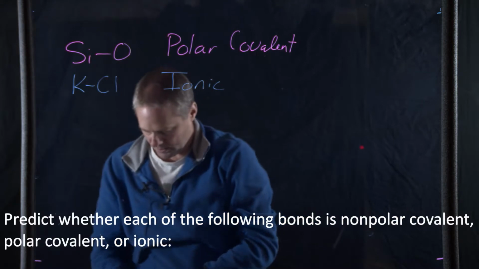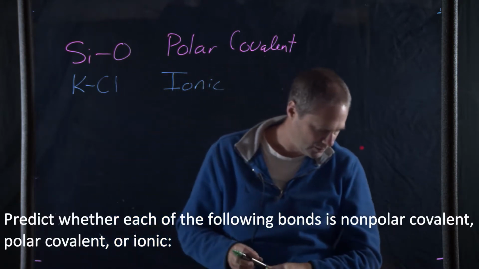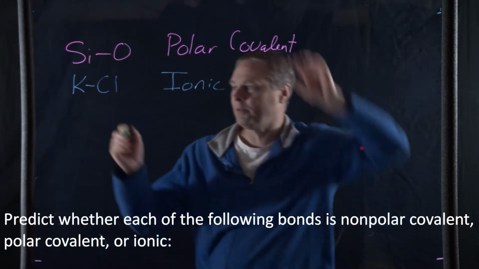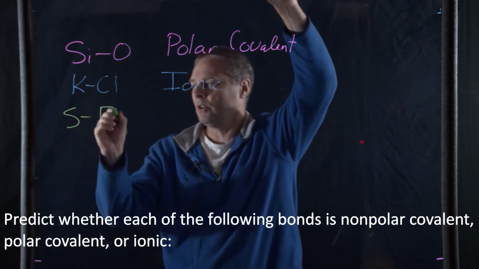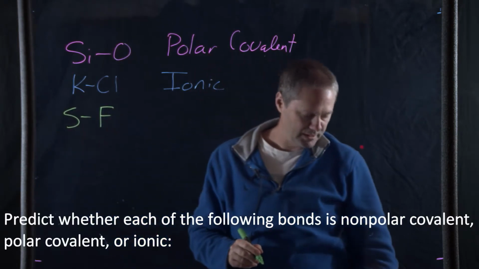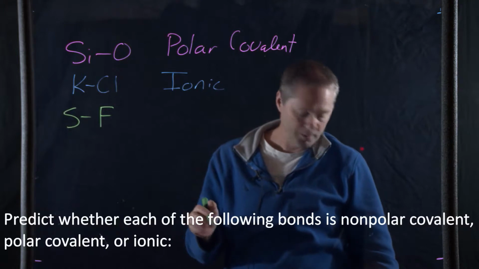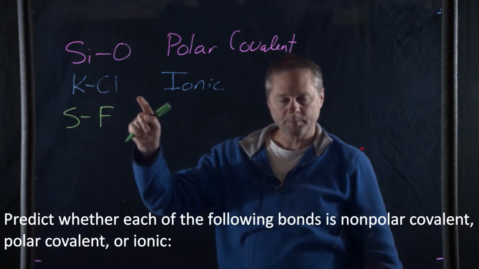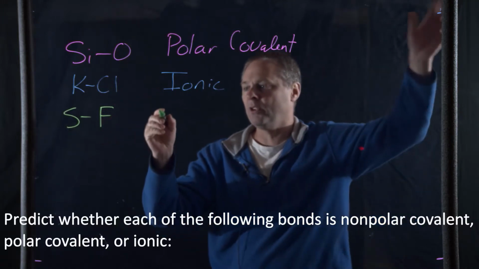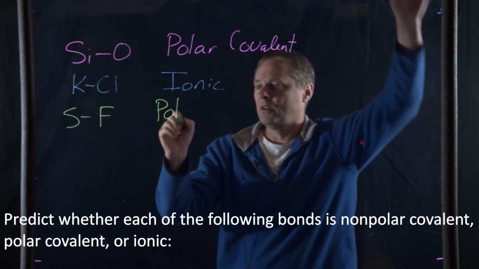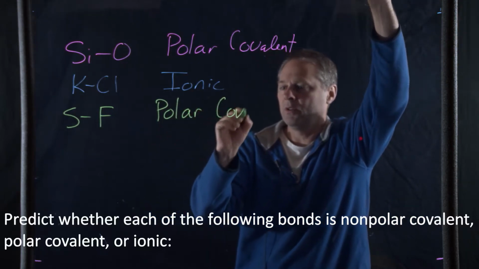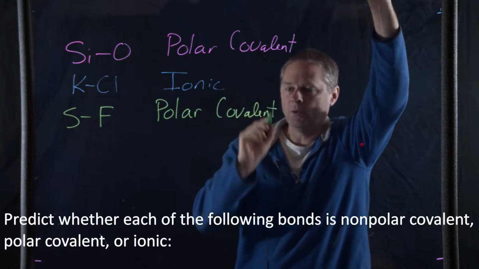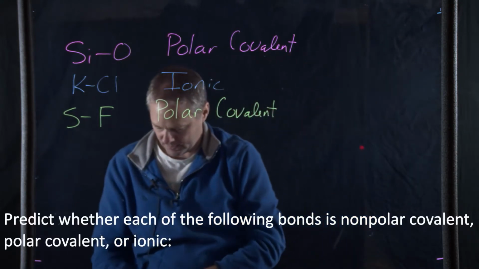All right. We'll do the next one. The next one is going to be sulfur fluoride. Sulfur is going to be a non-metal. Fluoride is going to be a non-metal. Since it's not homonuclear, it's actually heteronuclear, this is going to be polar covalent. All right.